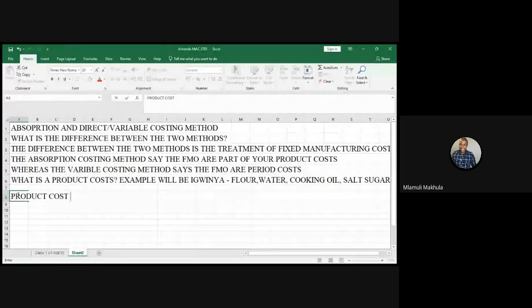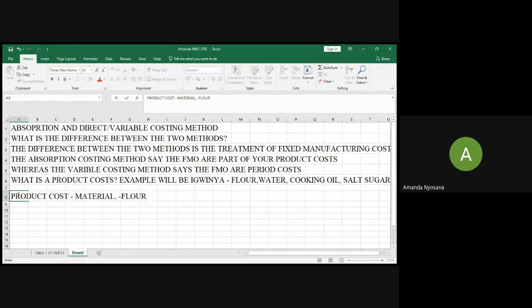Your product cost will include direct material, which in this case is your flour.